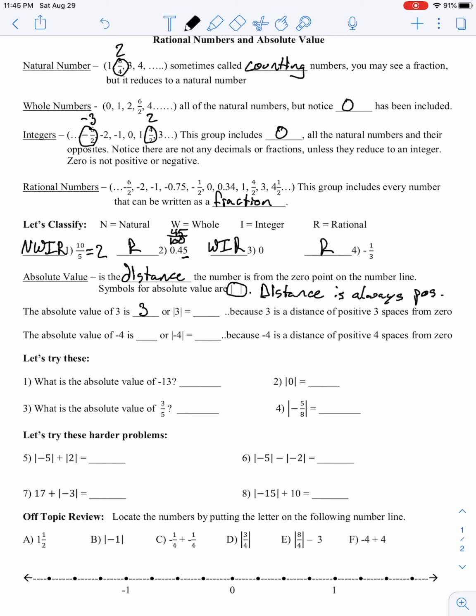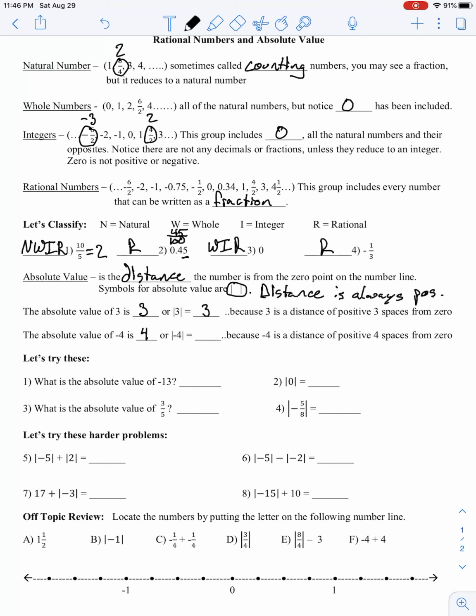Or another way we can write that is that 3 inside of those absolute value bars equals 3, and both of those things are true because 3 is a distance of 3 spaces from 0 on a number line. So the absolute value of -4, since it is 4 spaces away from 0, is going to be 4. So remember, like above, we said that distance is always positive.